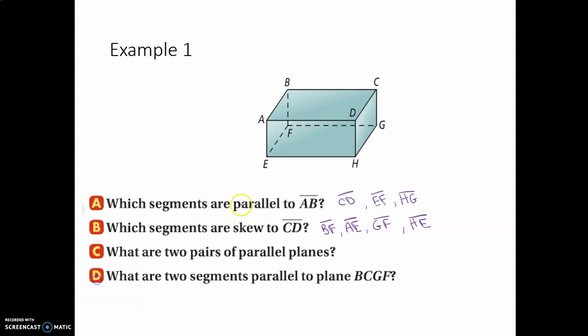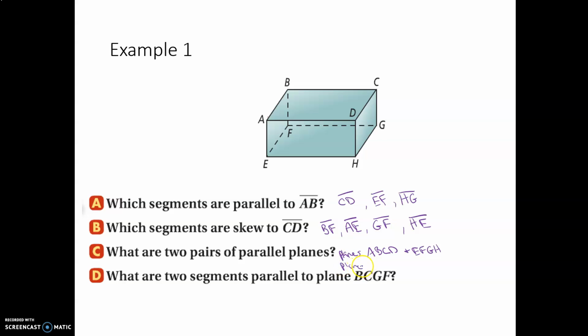What do we have here? What are two pairs of parallel planes? So pairs of parallel planes. How about the top? A, B, C, D. And the bottom, E, F, G, H. Now it did say two pairs, so that's one pair.